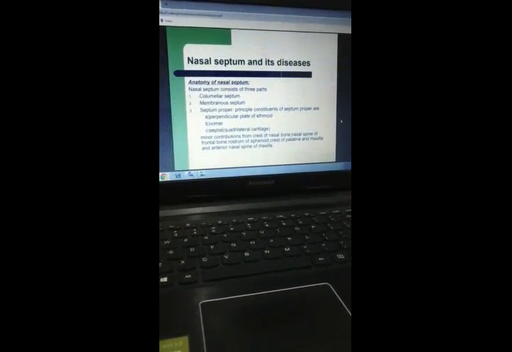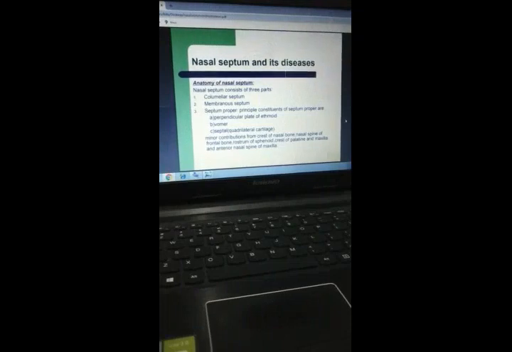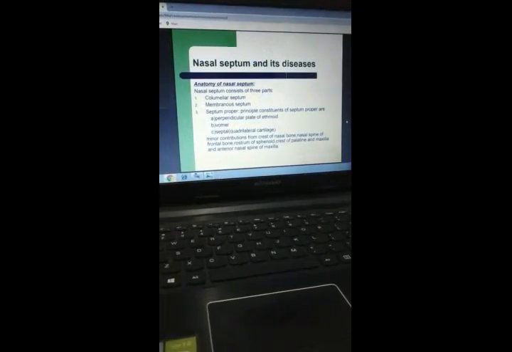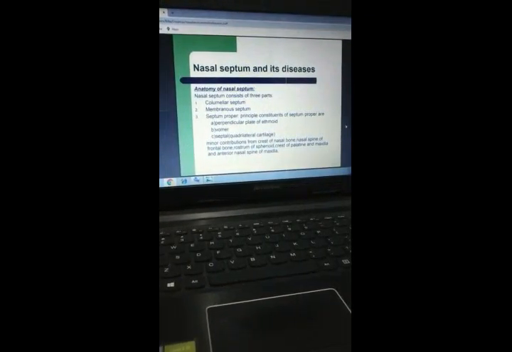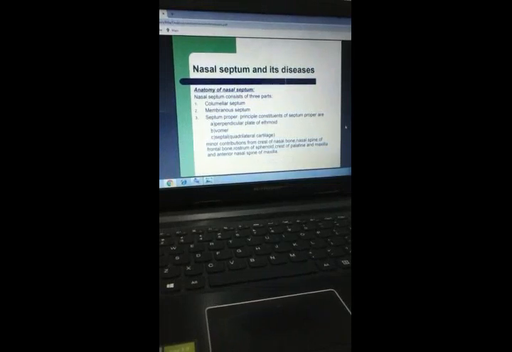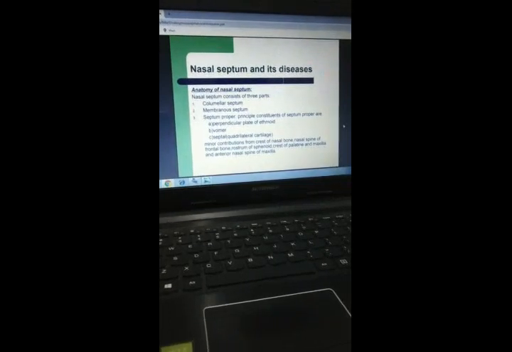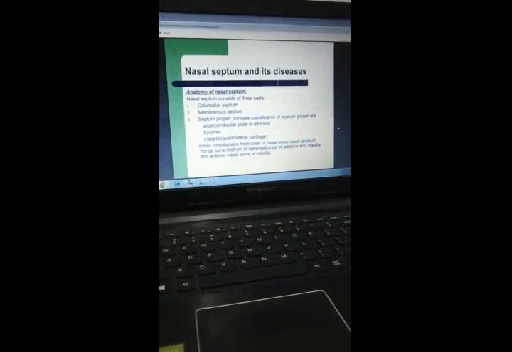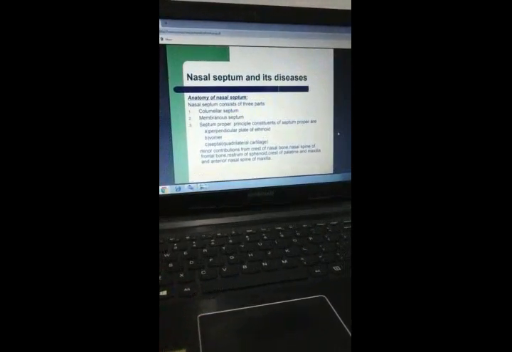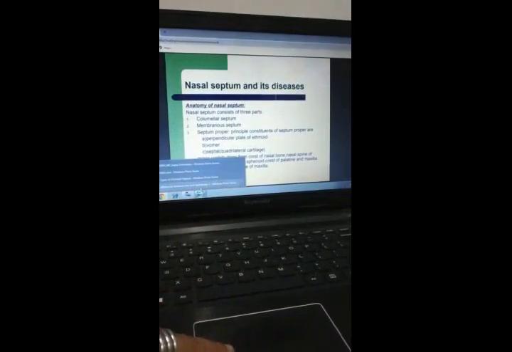These two are the bony portion of the septum situated behind, and third is the septal cartilage or quadrilateral cartilage. Other bones which make minor contributions at the periphery are the crest of the nasal bones, nasal spine of the frontal bones, rostrum of the sphenoid, crest of the palatine bones, the crest of the maxilla, and the anterior nasal spine of the maxilla.